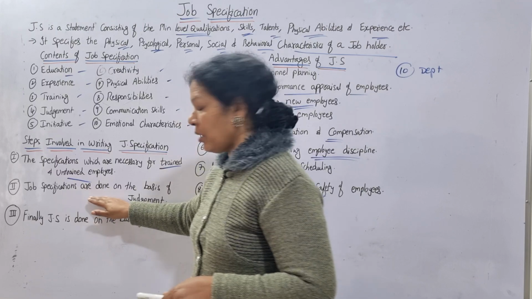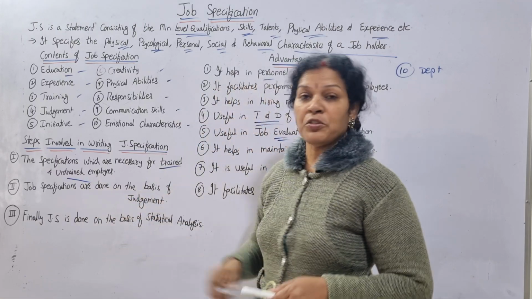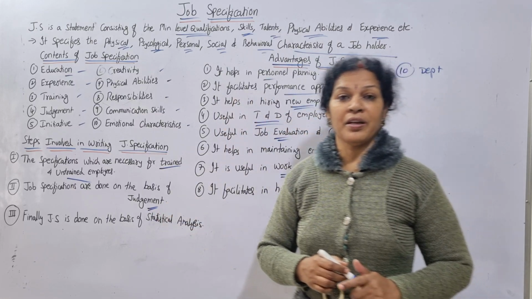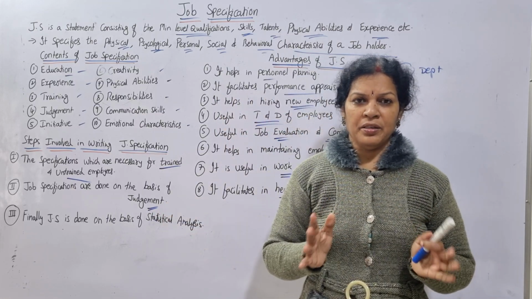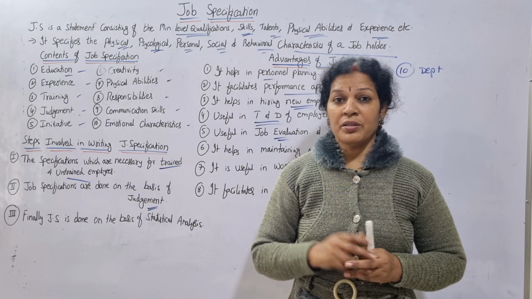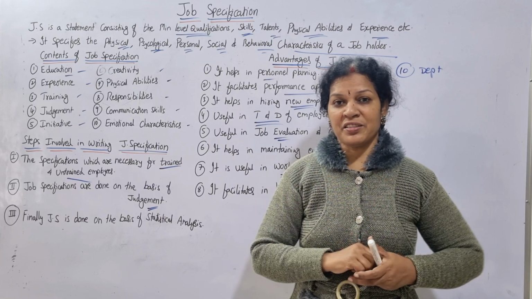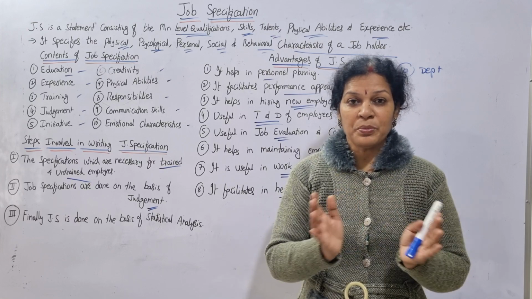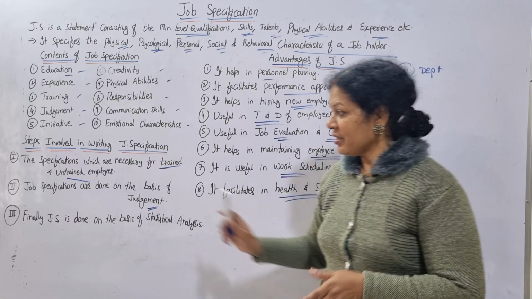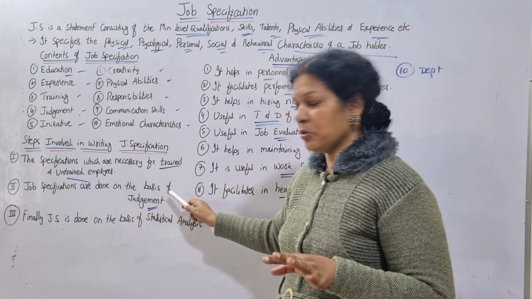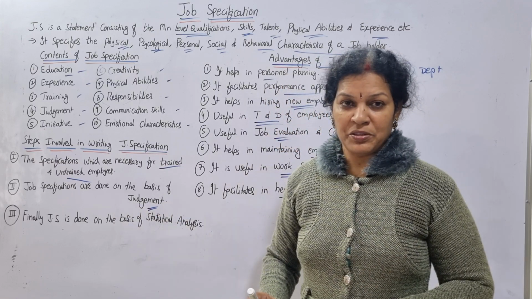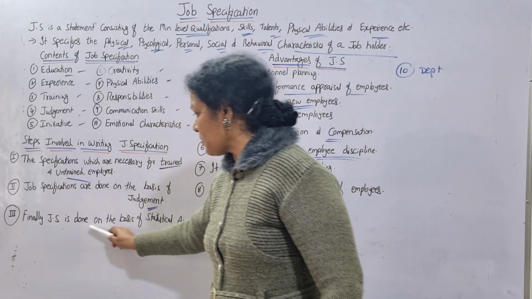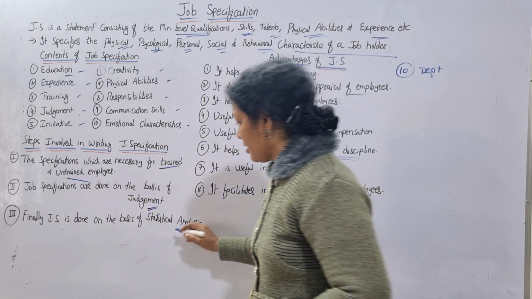The second step is that job specifications are done on the basis of judgment. Who will give the judgment? Who will decide? Most of the time the company's top management and also that particular department heads or qualified, expert heads are going to decide. So the second step is that this job specification is decided on the basis of judgment. And the third thing, finally, job specification is done on the basis of statistical analysis.